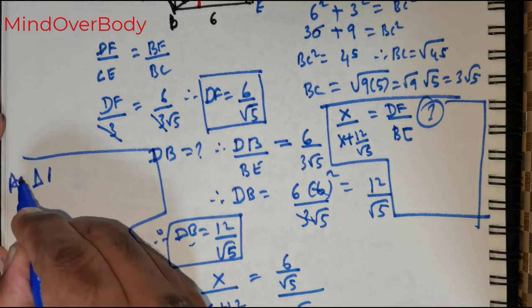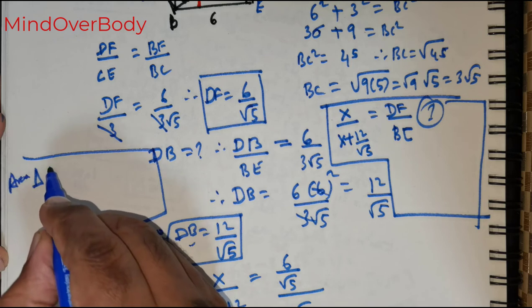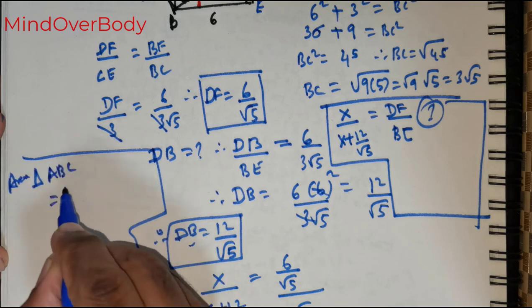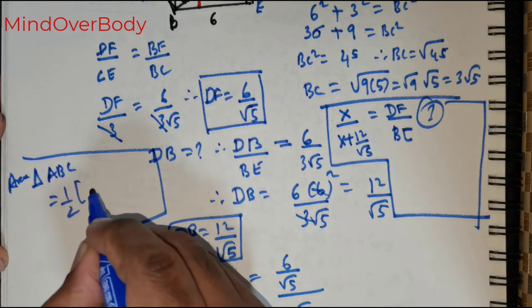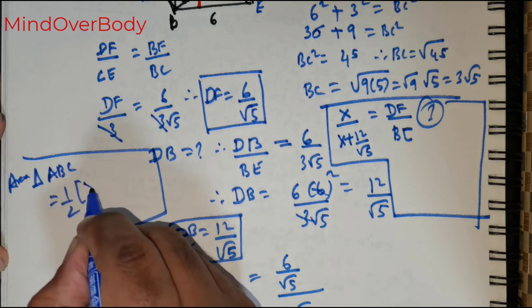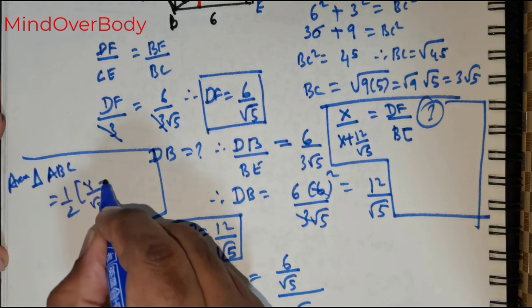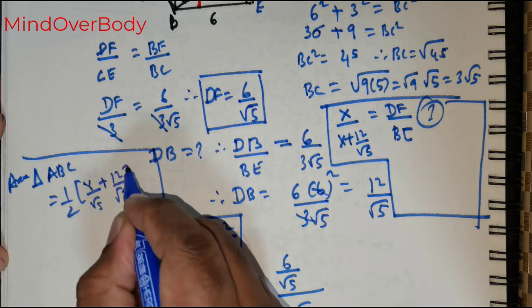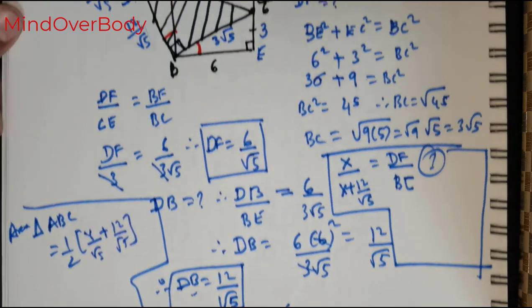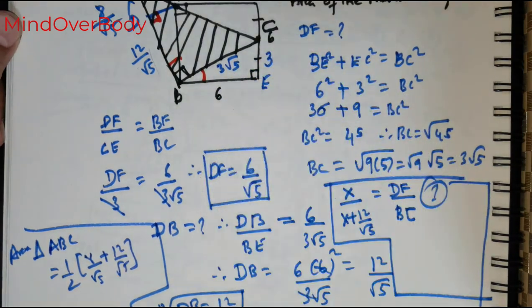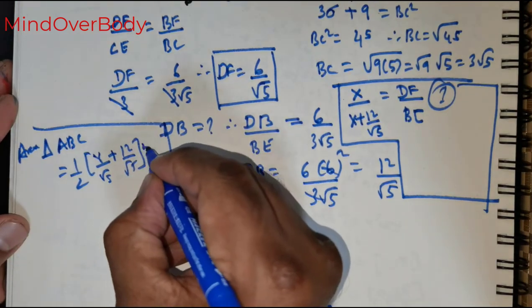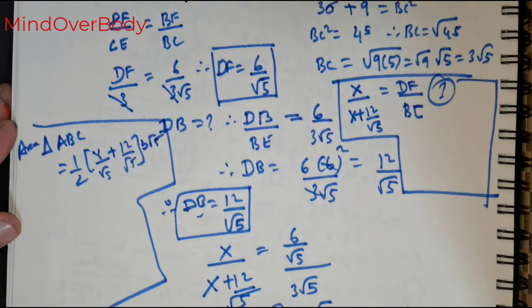Area of the triangle ABC is equal to half times height. Height is 8 over root 5 plus 12 over root 5, times the base, which is 3 times root 5. You can just place that.